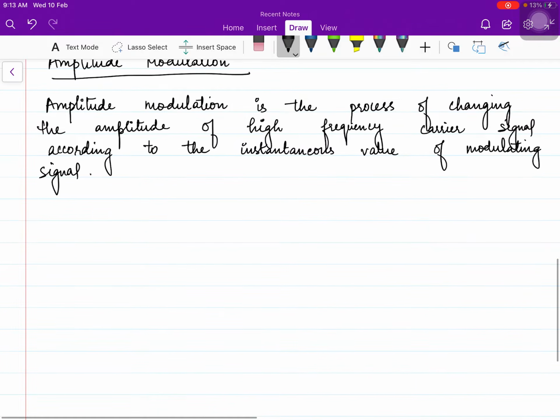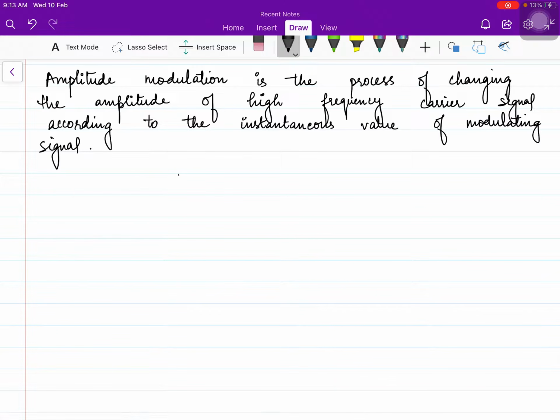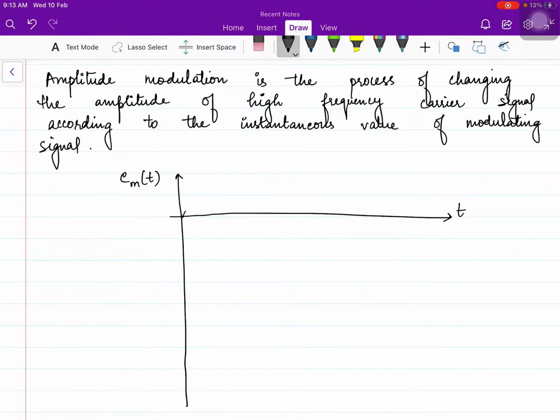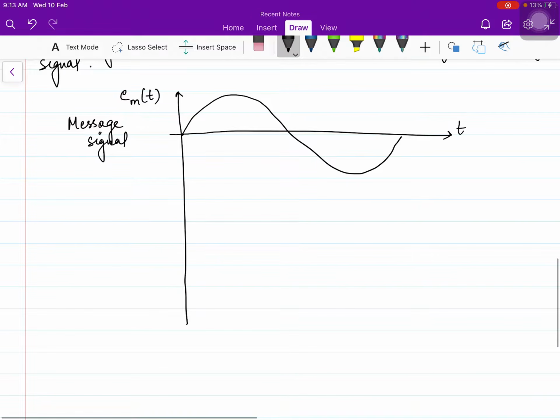So let's draw the waveform. From there you will understand more clearly. Let's take a message signal which has to be transmitted. Let us consider this is a message signal and it is a low frequency signal. Now let's take a carrier signal.